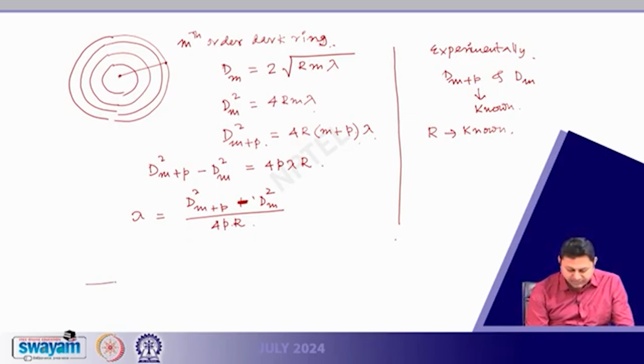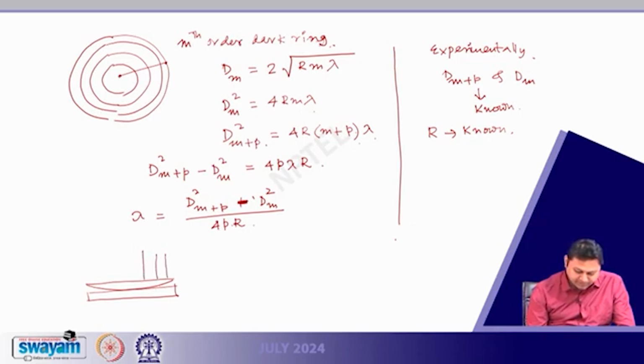So, in Newton's ring experiment, this is the structure. Light is falling here like this.